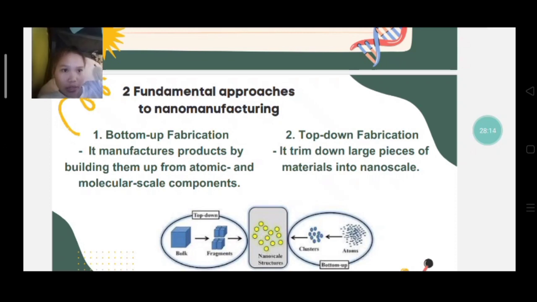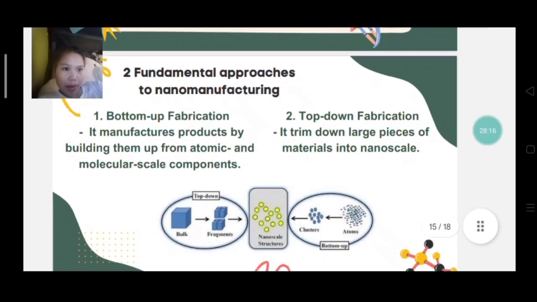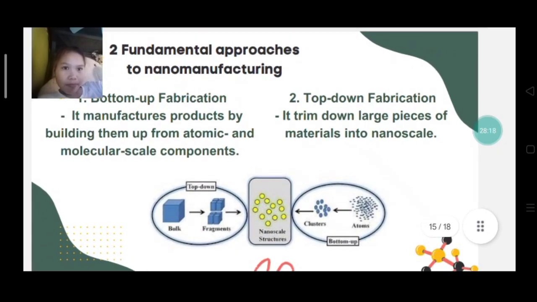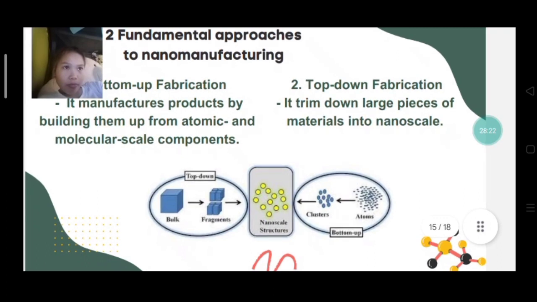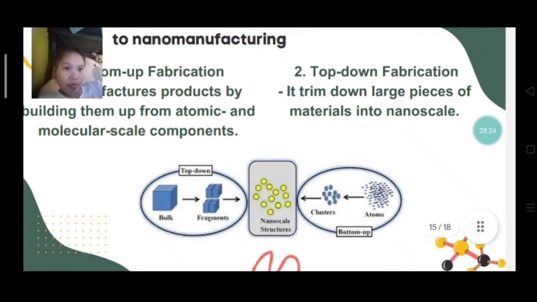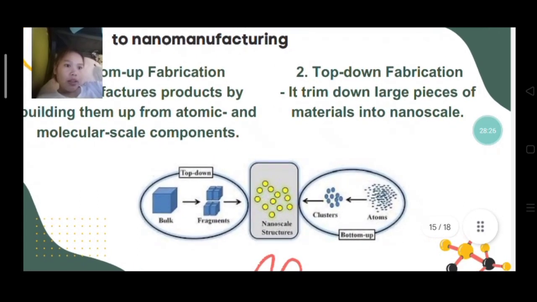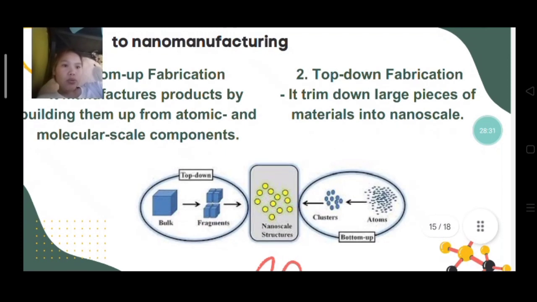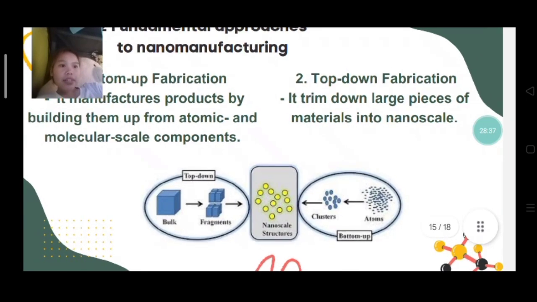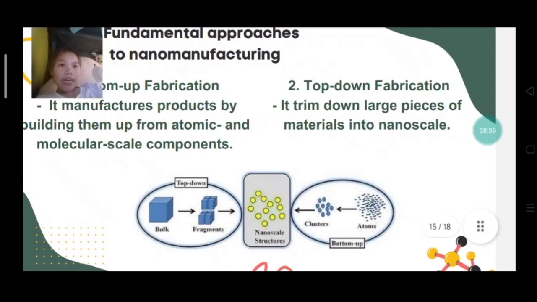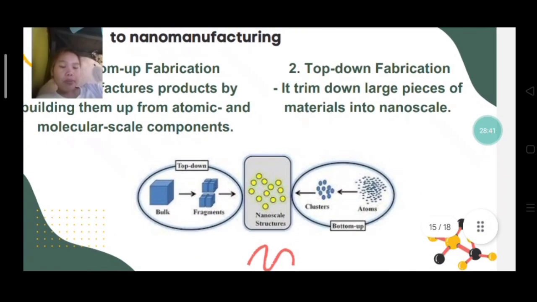Bottom up is atoms to clusters to nanostructures, while the top down trims down large pieces of material into nanoscale. Kumbaga, it is the opposite of bottom up.